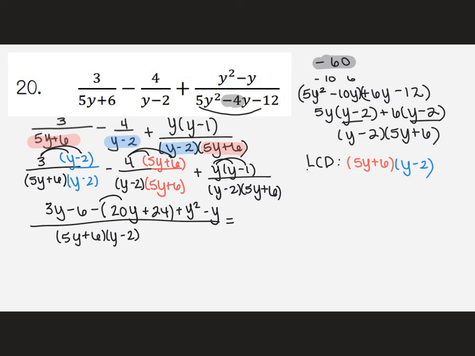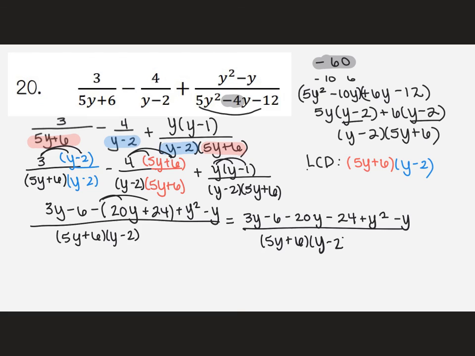I'll distribute the negative, so I have 3y minus 6 minus 20y minus 24 plus y squared minus y all over 5y plus 6 times y minus 2.